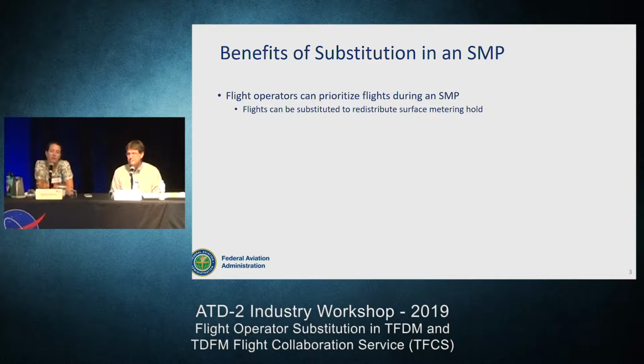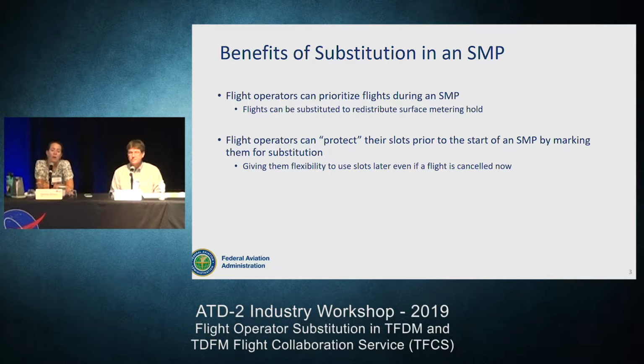So the benefits of substitution: as I mentioned before, the principle behind substitution is to allow users to set priorities for their flights. If you have a flight with a high business need, or you have your CEO on that flight, and your mother-in-law on the later flight, you can simply swap their metering times. That includes both the departure time and the TMATs and associated metering times from there.